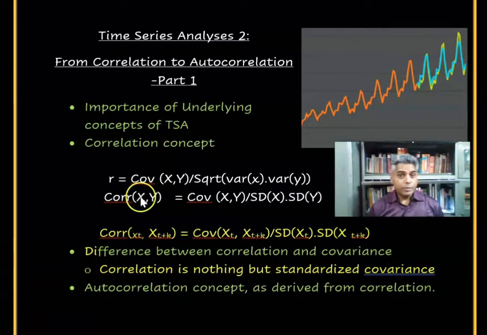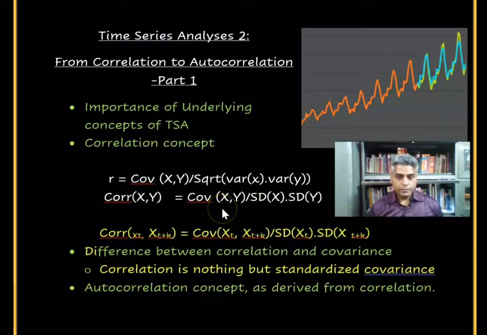So in the last video, part 1 of this series on correlation to autocorrelation, we discussed the importance of the underlying concepts of time series analysis. We discussed the correlation concept, and we saw how we arrived at the conceptual formula of correlation, which is nothing but the ratio between the covariance of two variables and the product of their standard deviations.